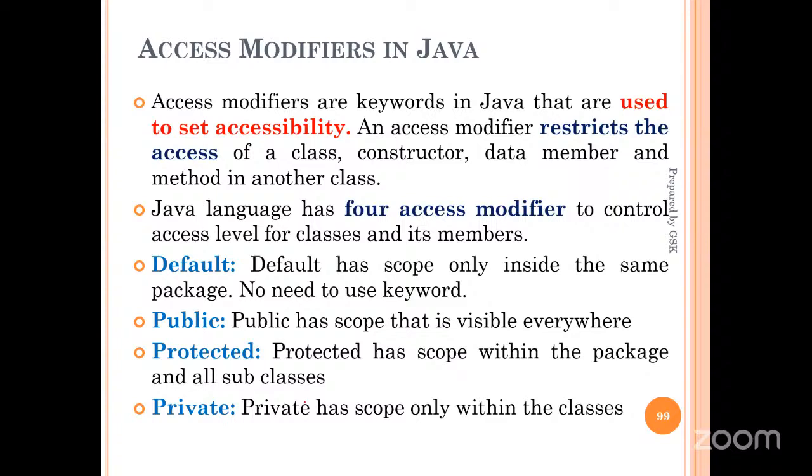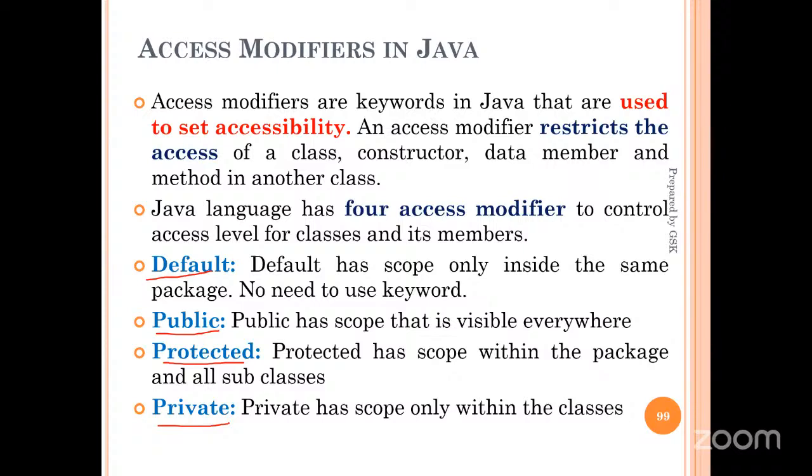So Java provides four types of the access modifiers. Those are default, public, protected, and private. The names are default, public, protected, private.